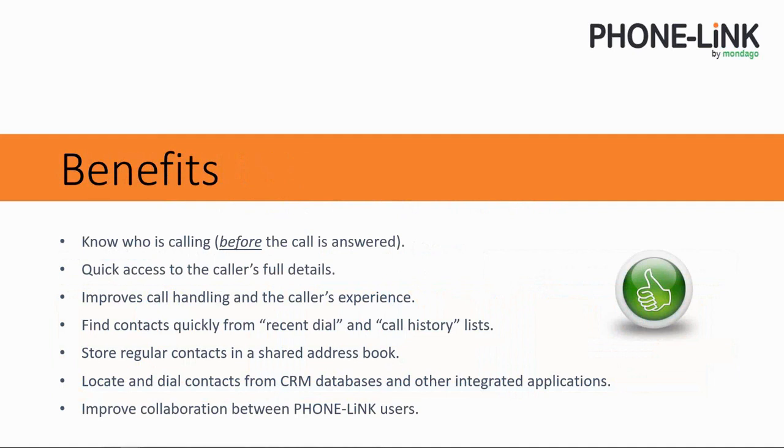It will also give them quick access to the caller's full details and will generally allow them to improve the call handling and the whole call experience for your customers. It will also help you find contacts quickly by using things like the recently dialed and call history lists. And it also gives you the ability to store regularly used contacts in a shared address book.